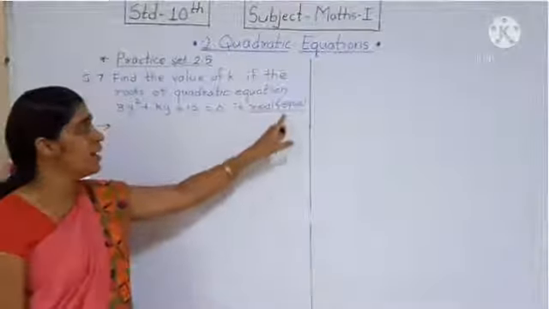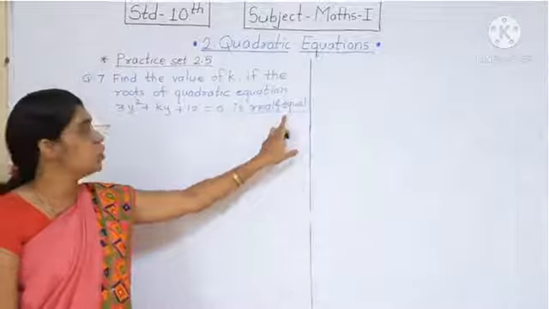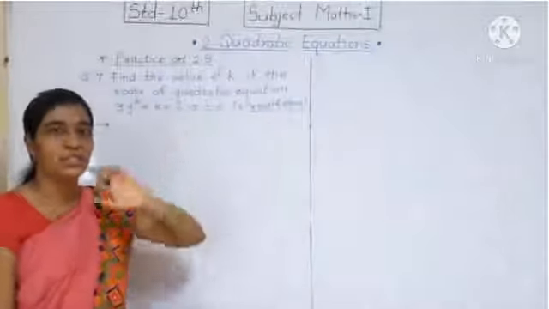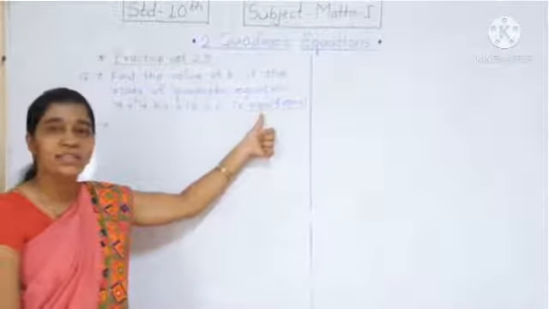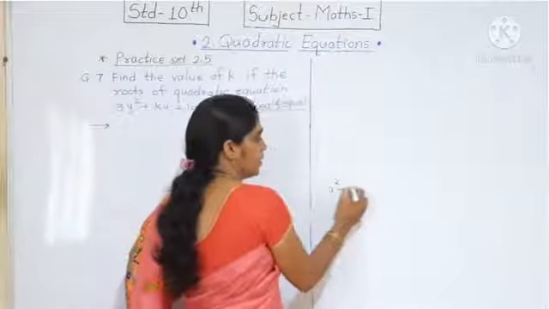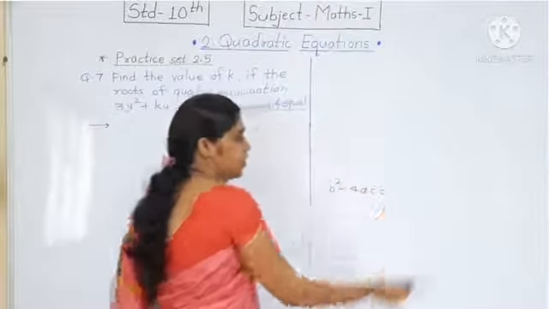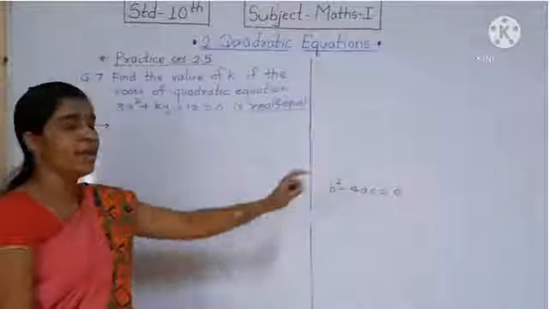So real and equal is when the discriminant is 0. So value of b square minus 4ac is 0. Okay. Roots are real and equal means value of b square minus 4ac is given 0. Understand? So we want b, a and c.